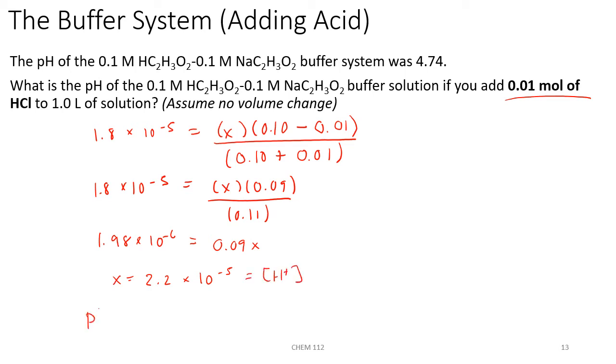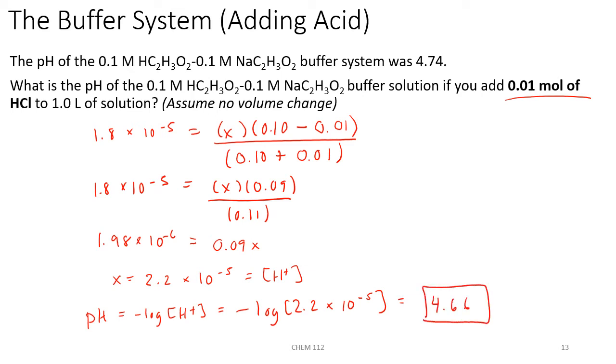So to get the pH, we'll take the negative log of our hydrogen ion concentration. That'll be the negative log of 2.2 times 10 to the negative 5th, and that gives us a pH of about 4.66.